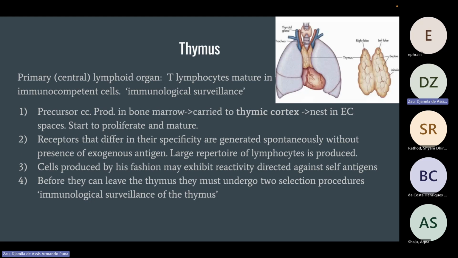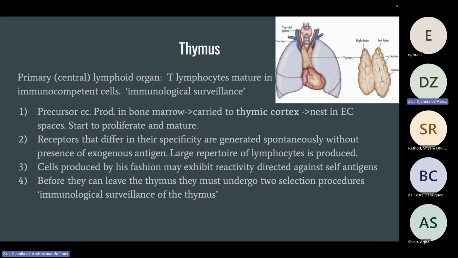But this is just theory-wise. Theory-wise, we have receptors, and because these receptors are so different, we're going to create many different lymphocytes. And these lymphocytes, however, are going to be very reactive. They have the ability to attack our own self-antigens instead of just attacking the exogenous antigens.